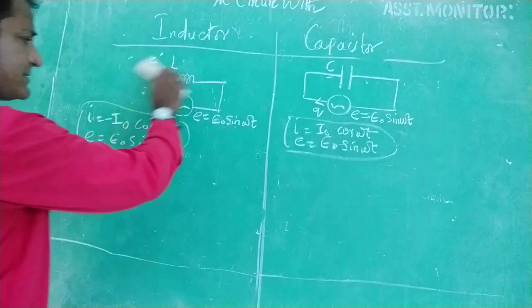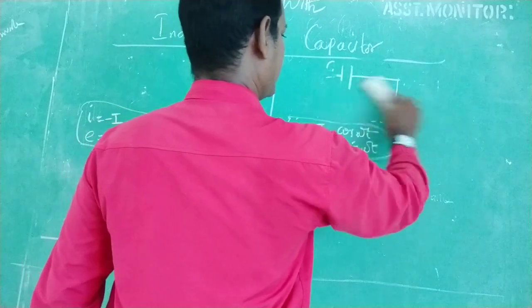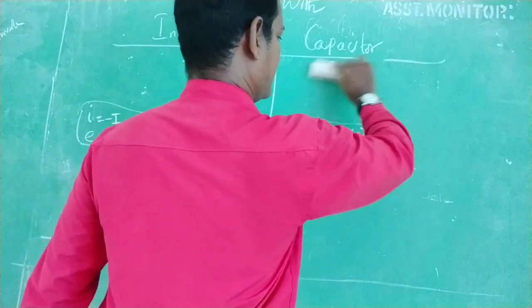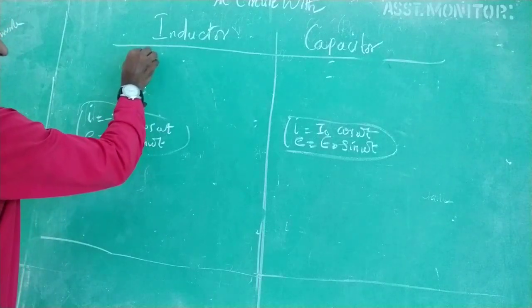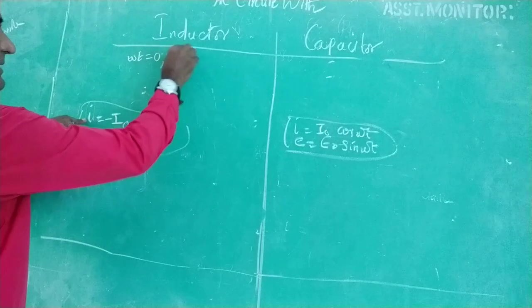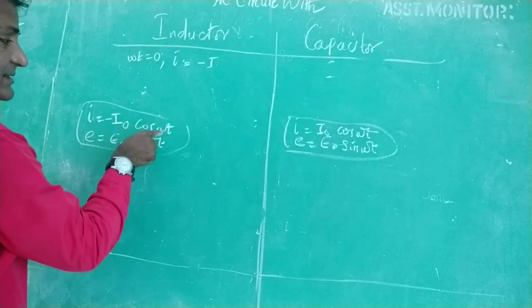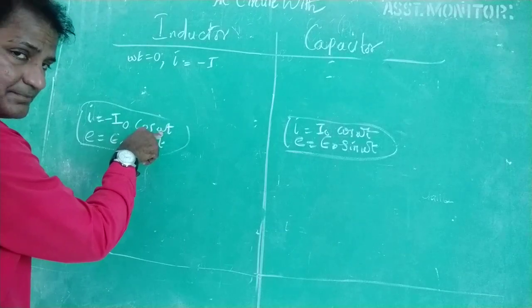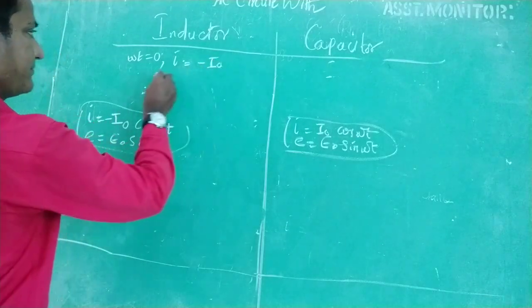So let me wrap this. When omega t is equal to 0, here I will become minus I naught, that is, cos 0 is 1, so 1 into minus I naught, minus I naught.